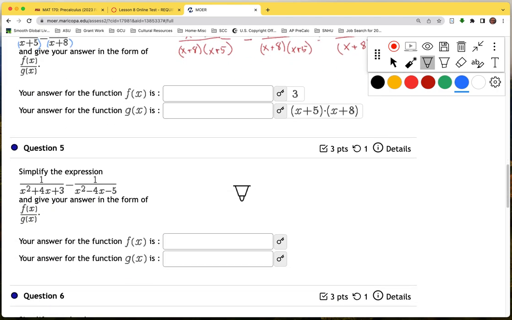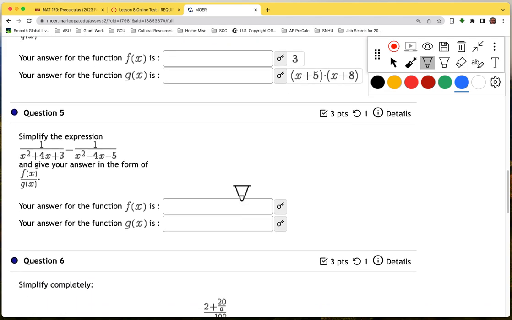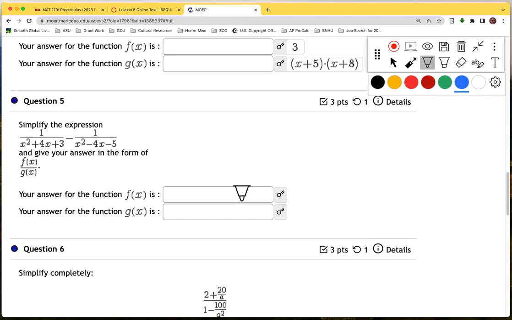Question 5 is very similar, common denominator, but to get to that, we're going to need to factor the denominators and then see what's missing or needed. Okay, so we're going to go with the first fraction, and we're going to factor this. Looks like 3 is 3 times 1, and 3 plus 1 is 4.